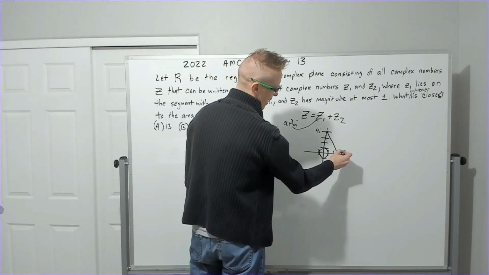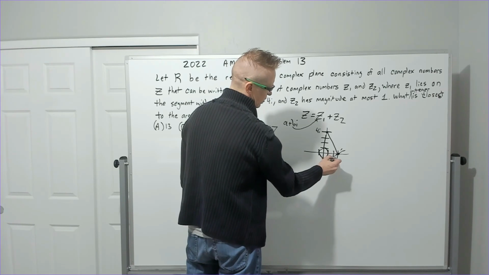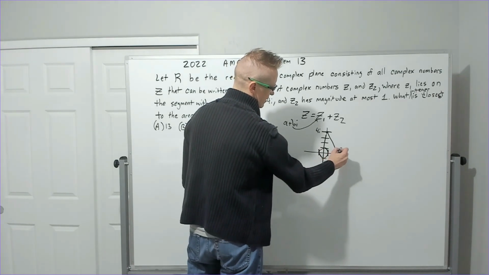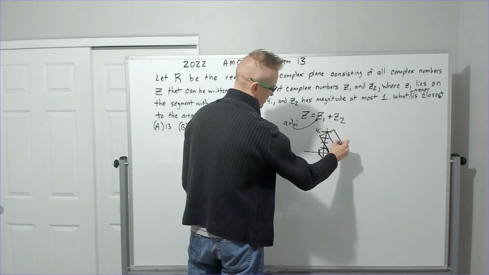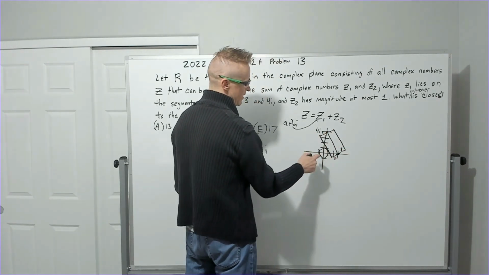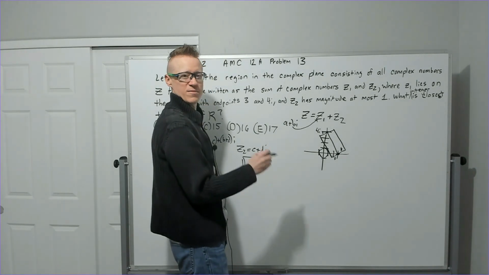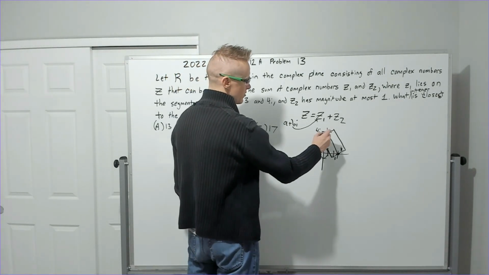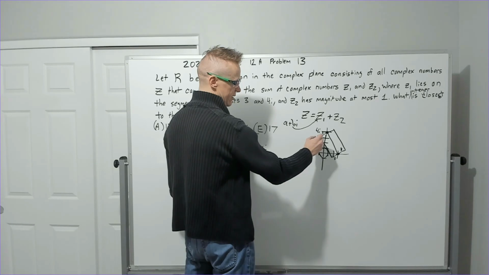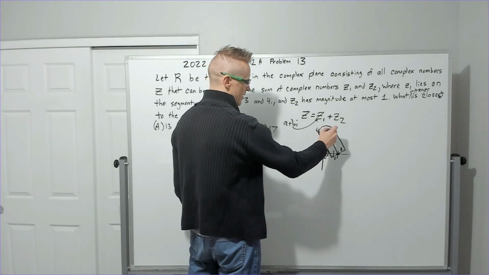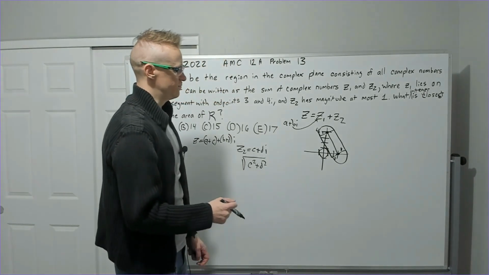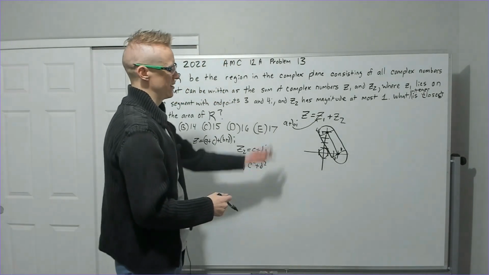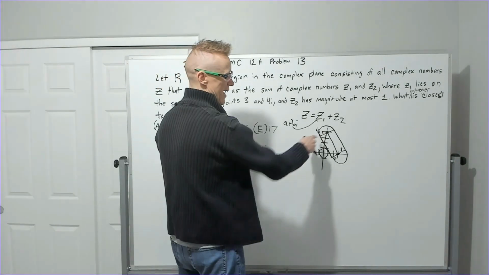So if I come out 1 unit here and out 1 unit there, and I go a rectangle up to here, all of those points would be in there because they're all 1 unit away from that segment directly. Furthermore, from this point at the middle of the top end, you're going to get a semicircle and another one here. Kind of looks like a basketball court, a track, there you go.